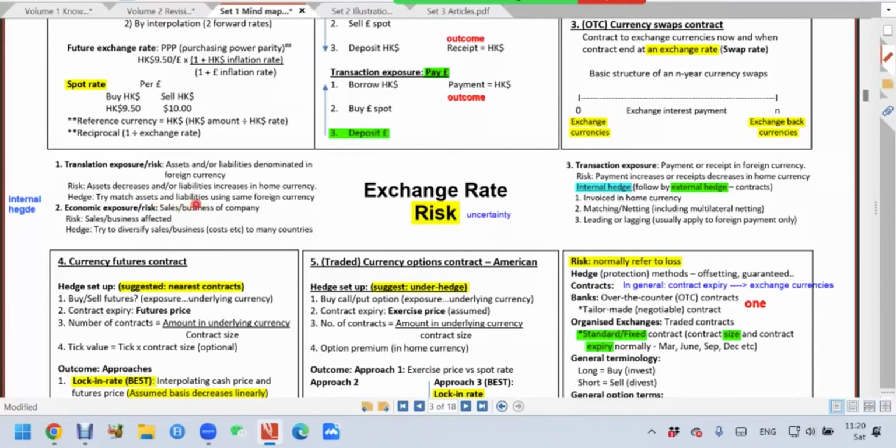The gain here offsets the loss, provided you use the same foreign currency. So pound asset, pound liability; euro asset, euro liability. When you net it or offset here, you reduce your loss. Some kind of protection, hedging, one method only.